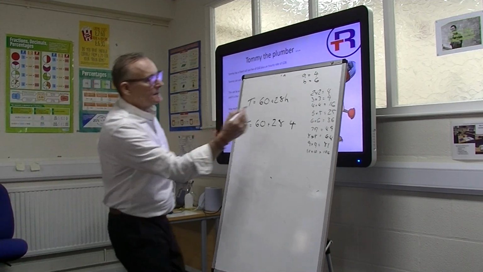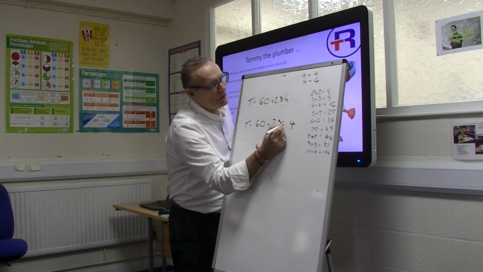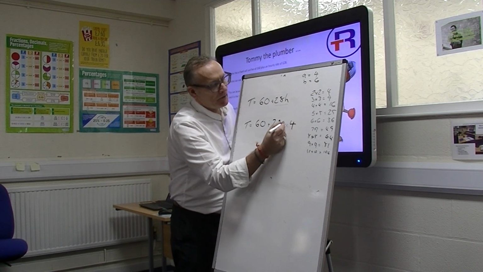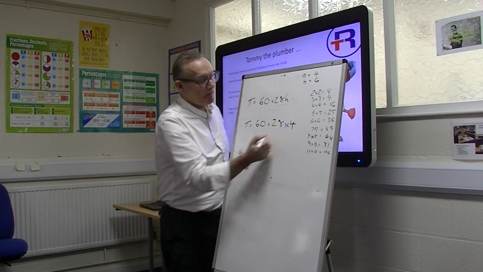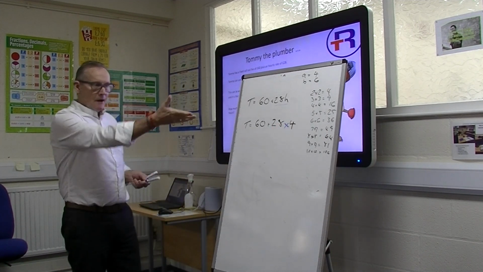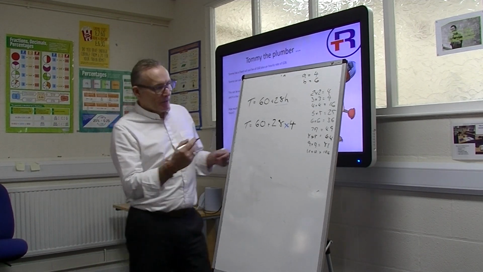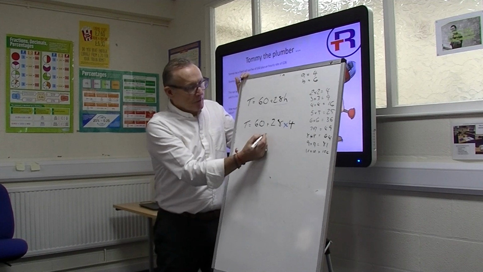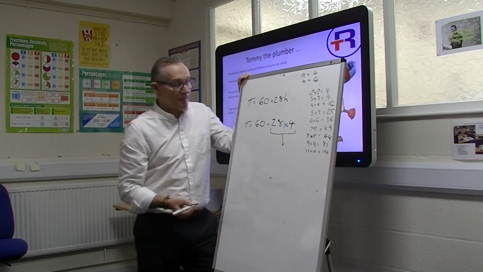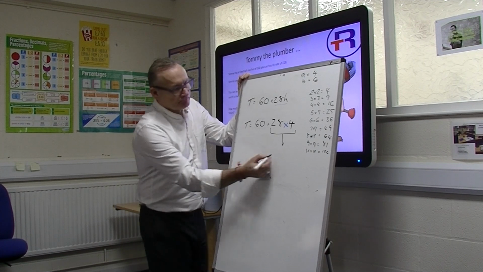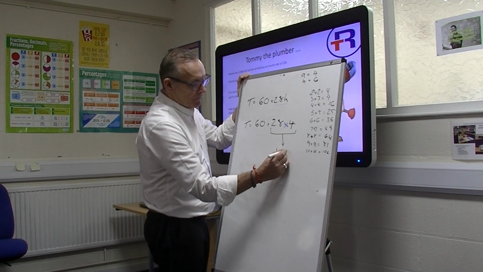But because these two are together, 28h, in that gap goes the multiplication sign. What have we now got? We've now got our BIDMAS question, similar to what we've just had with Swiss Tony. BIDMAS: 28 times 4, we've got to do that first, which is 112.